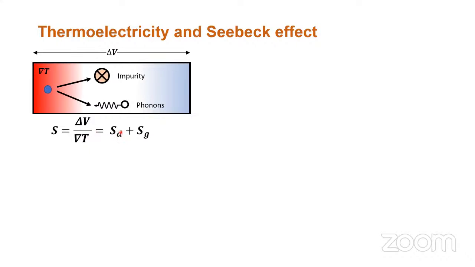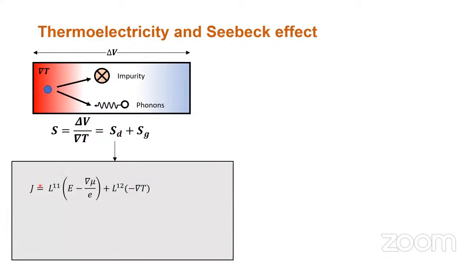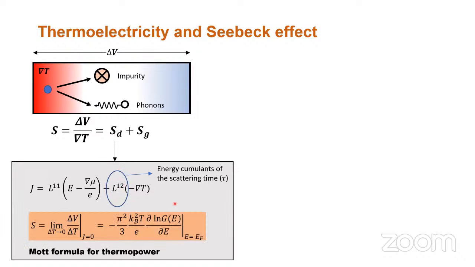One is called diffusion thermopower, and diffusion thermopower is given by the semi-classical Boltzmann equation, where all these energy cumulants of scattering time come into play. But interestingly, when you combine these parameters, you come to an expression for the thermopower, which is extremely powerful and very robust in a large number of metallic and semiconducting systems.